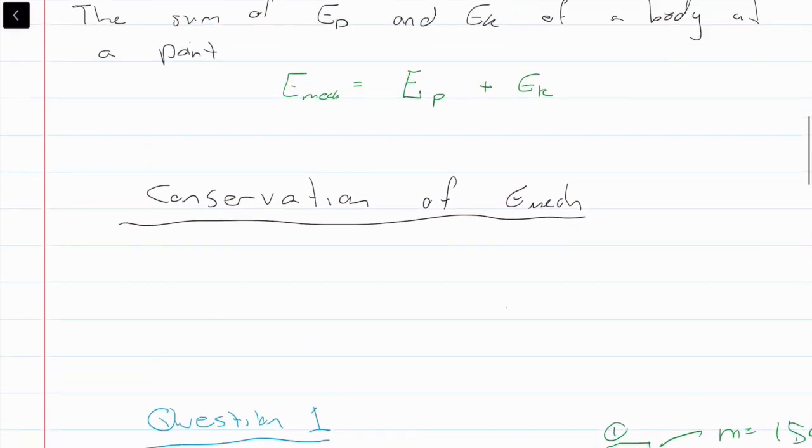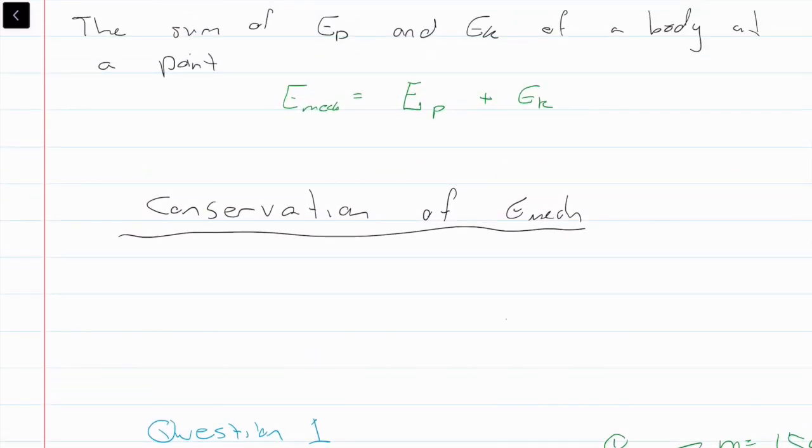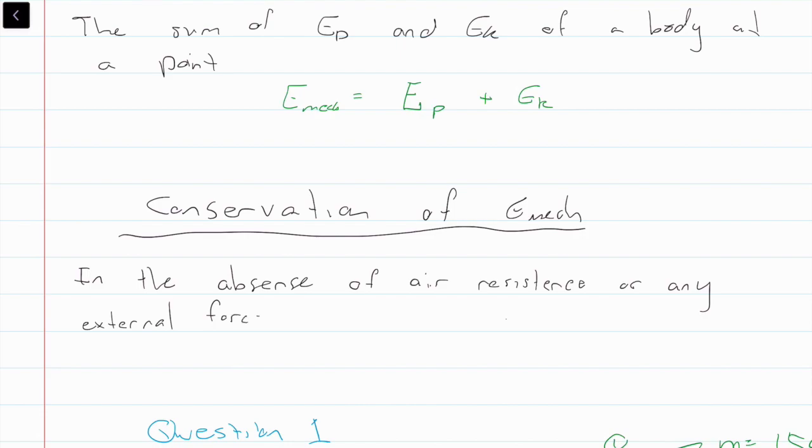Then we have conservation of mechanical energy. The definition is: in the absence of air resistance or any external forces, the mechanical energy of an object is conserved, or is constant.